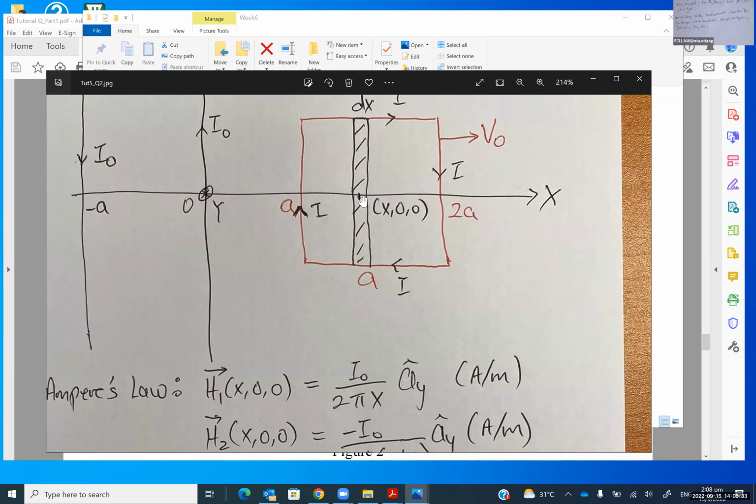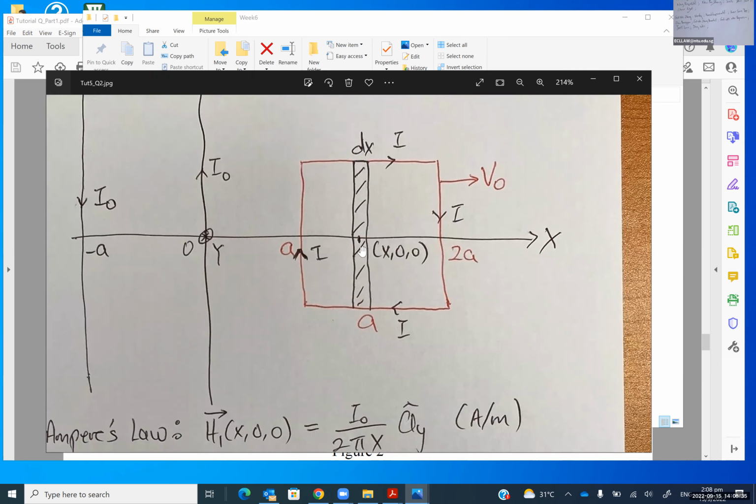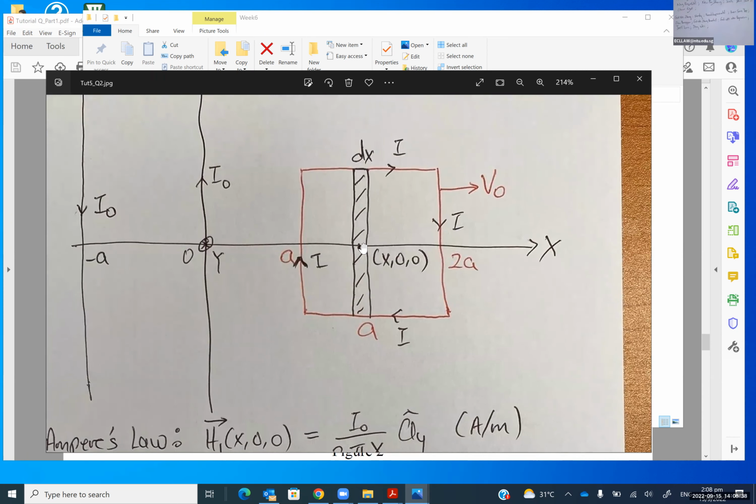Our next step will be to calculate the magnetic flux, which means we need to multiply by area. You need to ask yourself, are you going to use the total area or a small area? You can see the area is in the X and Z axis.